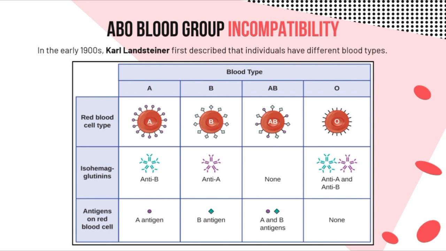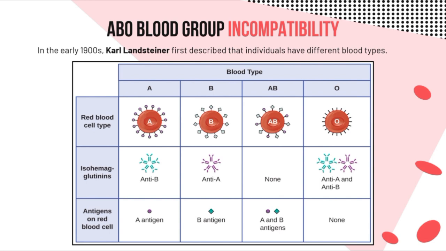So before we dive deeper into the common examples of type 2 hypersensitivities, let us first learn about ABO blood group incompatibility. I am confident that you are already familiar with the ABO blood group because this was already discussed in our previous course, the genetics course.